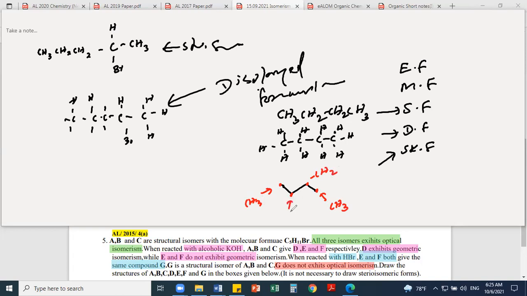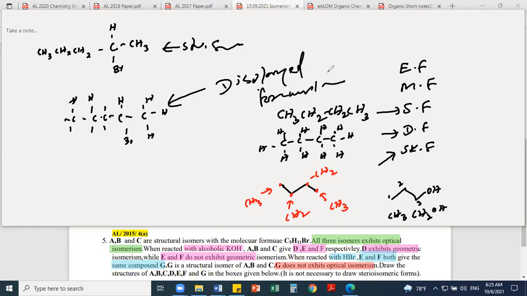You can draw lines like that. If the terminal carbon has an OH group, you write OH here, that's it. Then 1, 2, 3, you get CH2OH here. Is that clear?